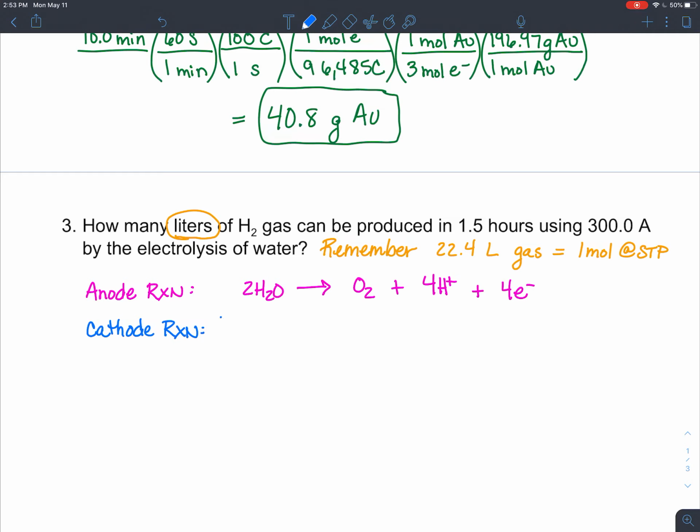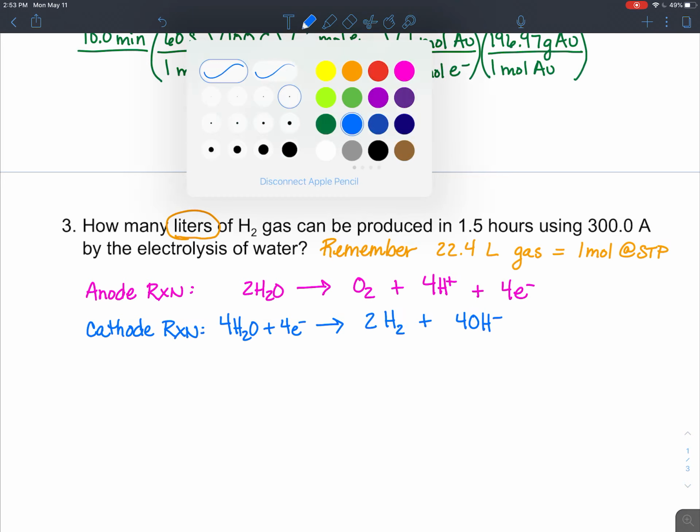Okay, so for the cathode reaction, we're going to have 4H2O plus 4 electrons giving us 2H2 plus 4OH minus.